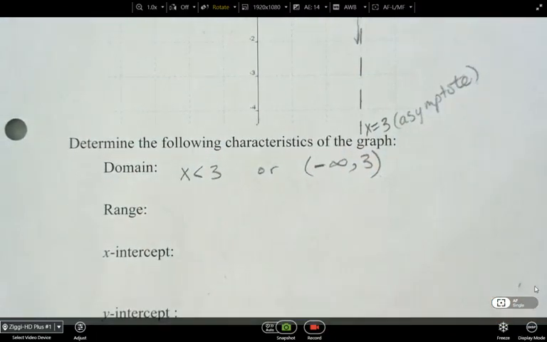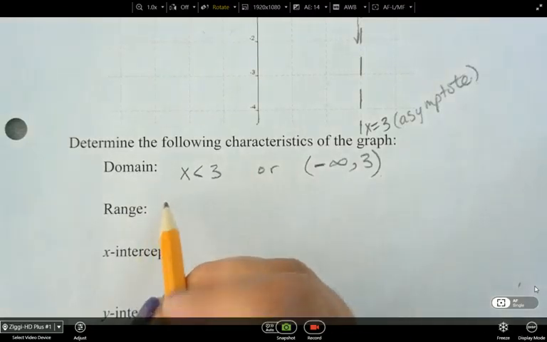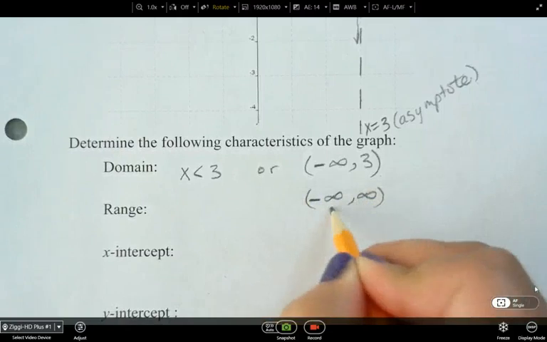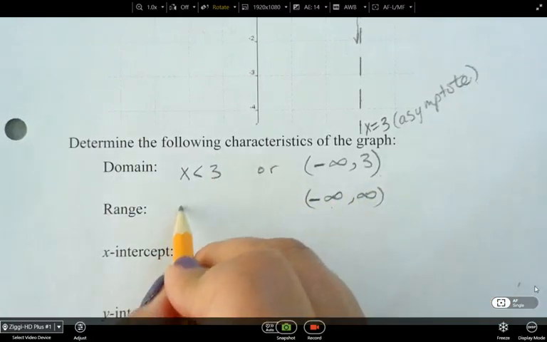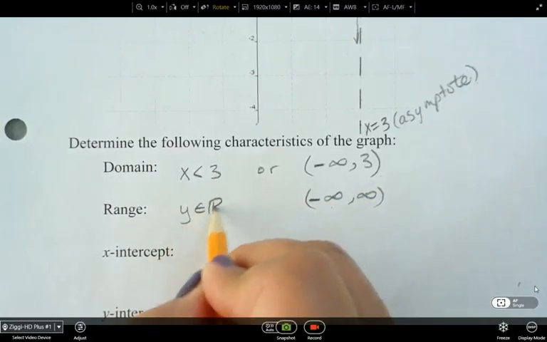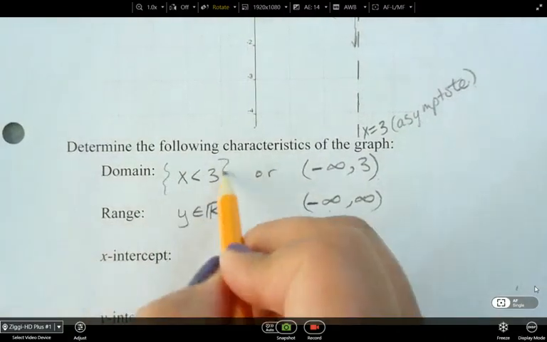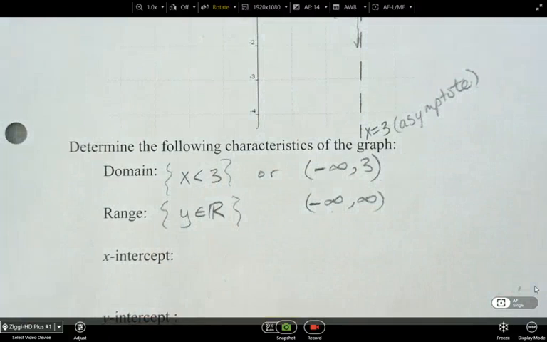And now what's my range here? So -∞ to infinity. To infinity and beyond, right? Or y is an element of the reals. Okay, so I could either have it in set notation or interval notation. Yep, it's your choice.